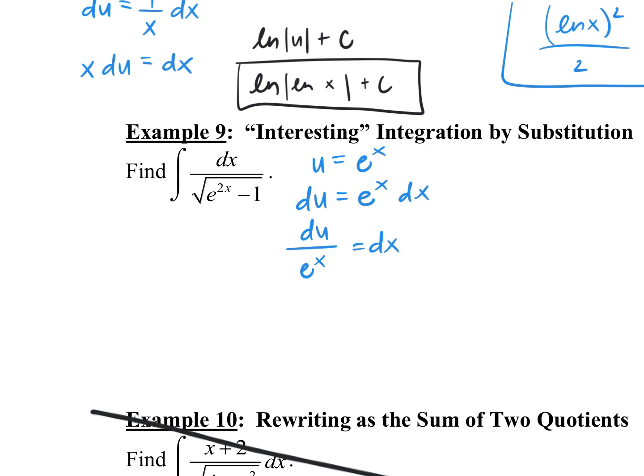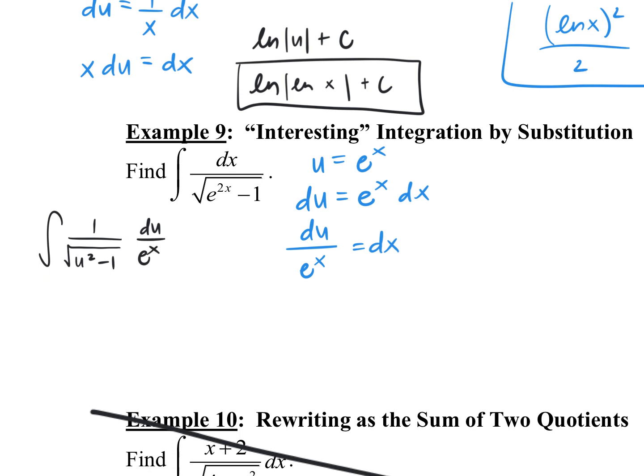Okay, so if I rewrite my integration here with the stuff that I've got, the integral of 1 over the square root of u squared minus 1. Or my u value is e to the x, so if I square that, I get e to the 2x. And then my du over e to the x.